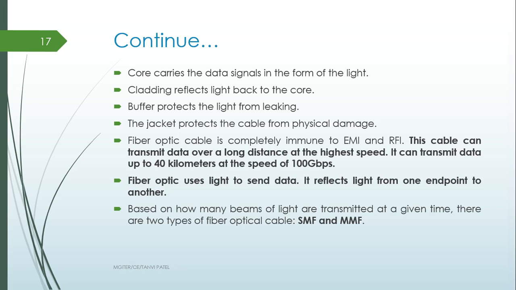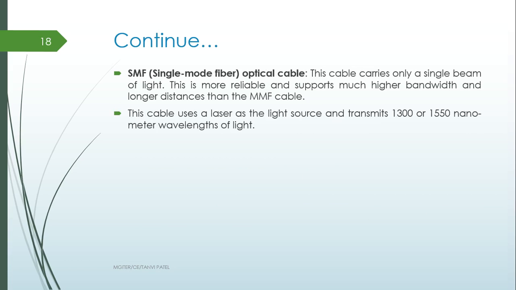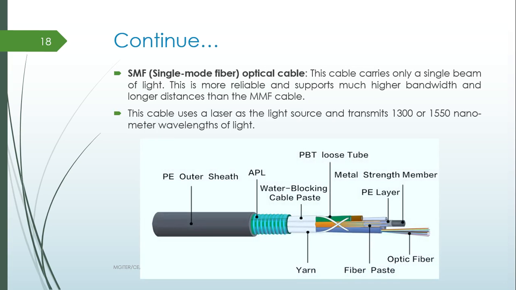Fiber optic uses light to send data. It reflects light from one end to another. Based on how many beams of light are transmitted at a given time, there are two types of fiber optic cable, that is SMF and MMF. Now, what is SMF? SMF means single mode fiber optic cable.